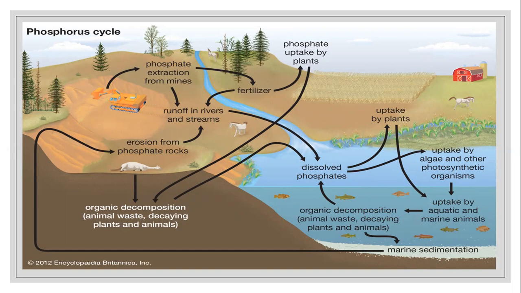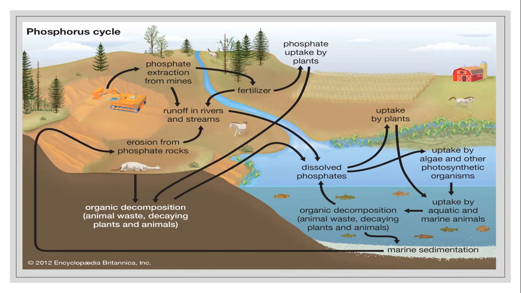When it rains, phosphates are removed from the rocks through the process of weathering and find their way into both soil and water. Phosphates usually move to water by the process of erosion. By the process of weathering and erosion, phosphates enter the rivers and streams, which transport them to the ocean.